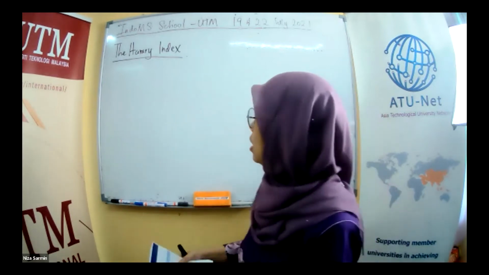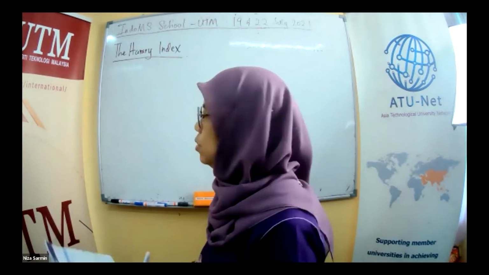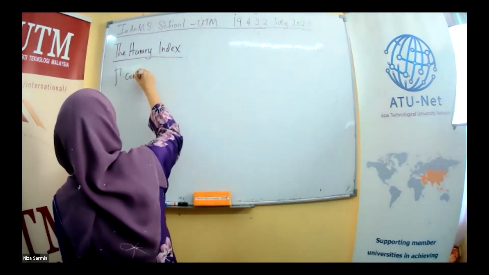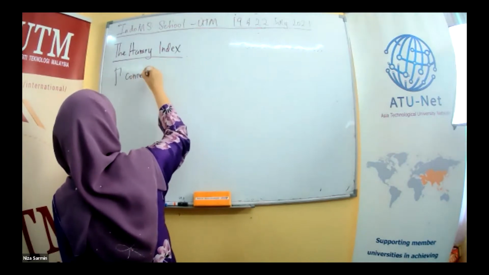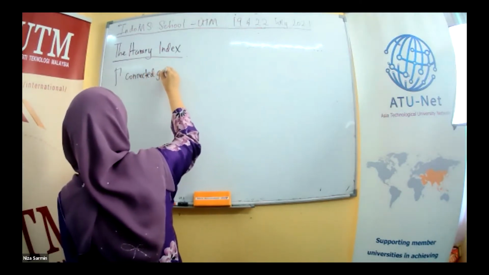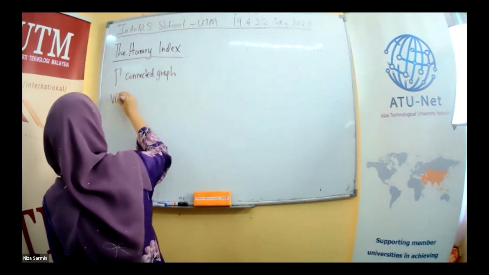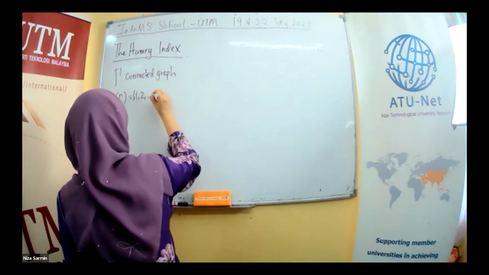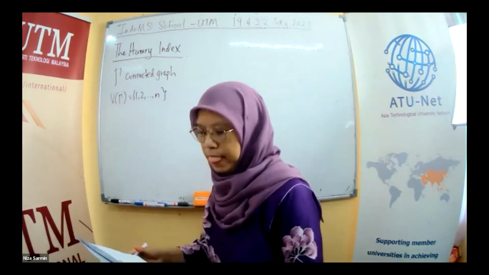So again, for this Harary Index, we need gamma to be a connected graph, and we want the vertices to be 1, 2, until n.